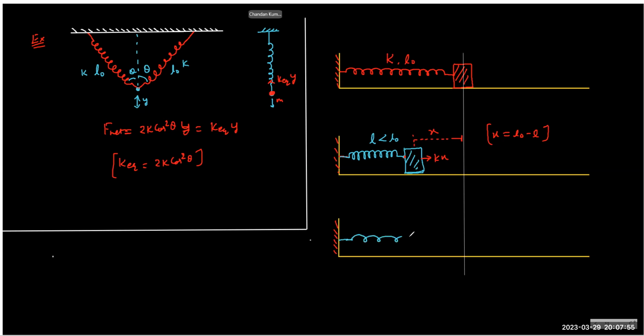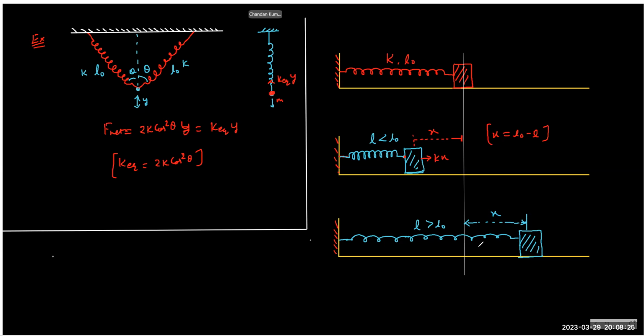Now I can do the similar thing. I can pull the block. Now, compared to the original, this is L, but this time it is more than L naught, and this is your deformation.